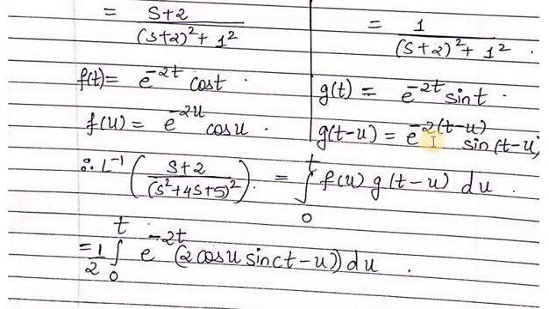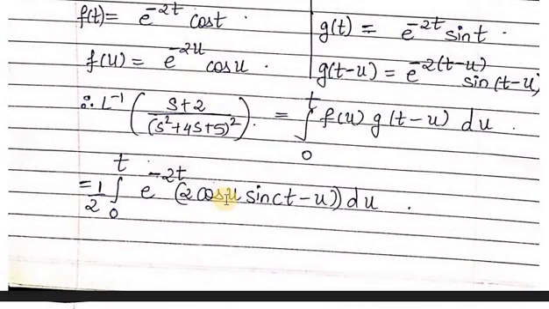and g of t minus u is e raised to minus 2t minus minus plus 2u. So e raised to plus 2u and e raised to minus 2u: minus 2u plus 2u will cancel out, and after simplification we will have e raised to minus 2t multiplied by sine of t minus u. Now we multiply this result by 2 and divide by 2, right?